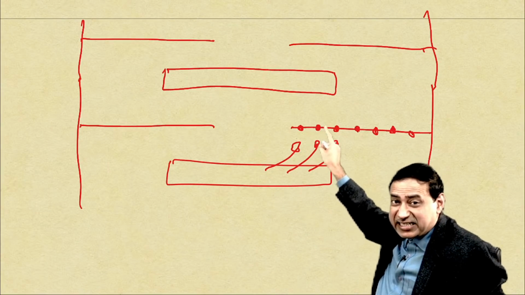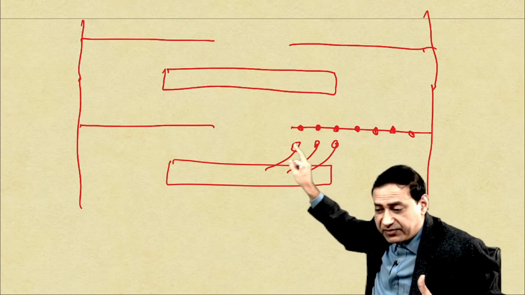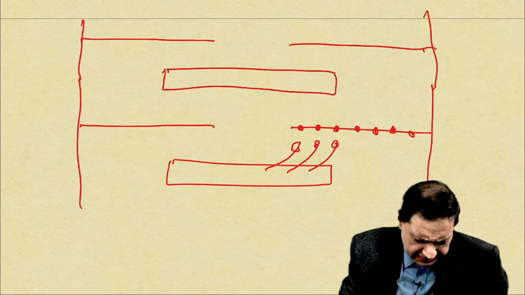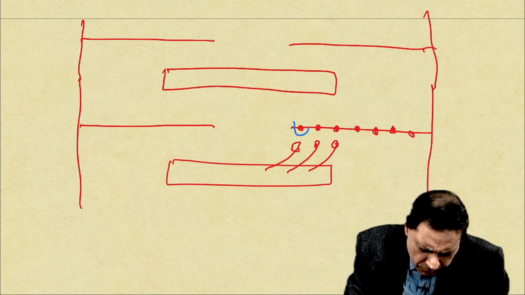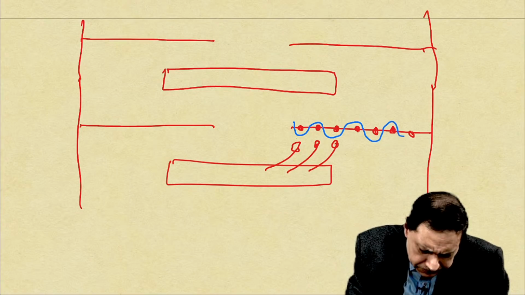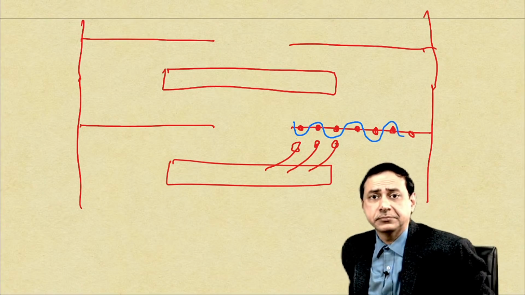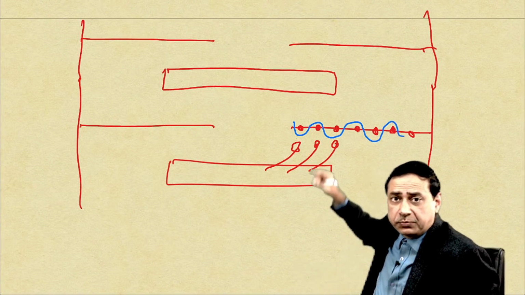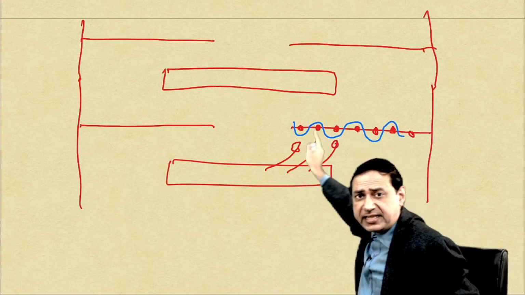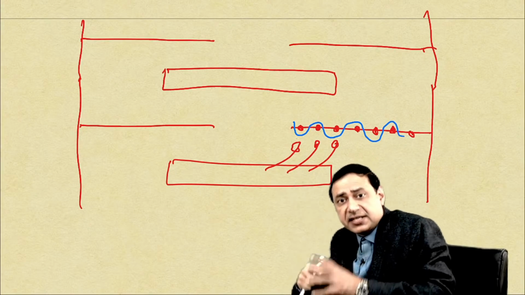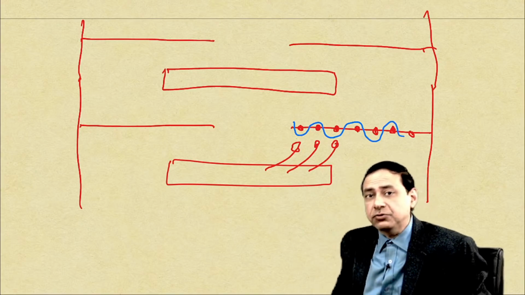But these active sites on the actin filament are covered by tropomyosin like this. Tropomyosin is a helical protein, surrounding like this. All these active sites are physically covered by tropomyosin.